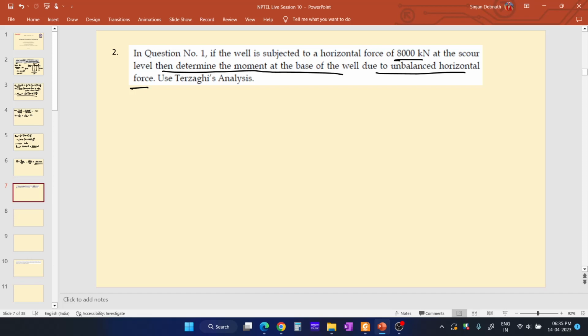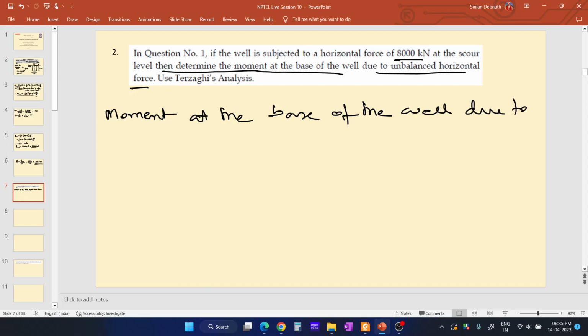So the moment at the base of the well due to the unbalanced horizontal force, we denote it using MB.